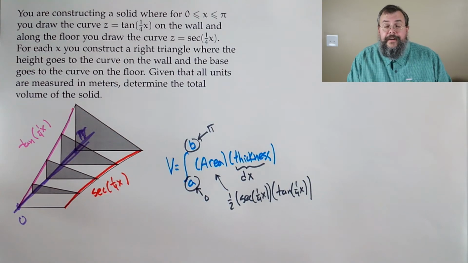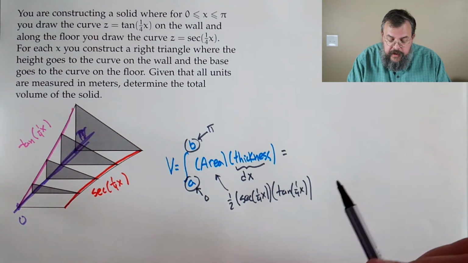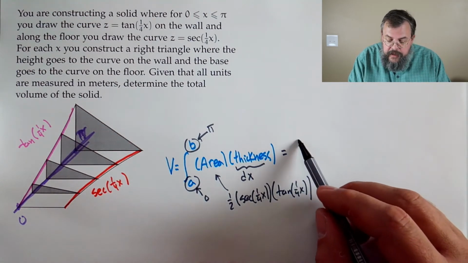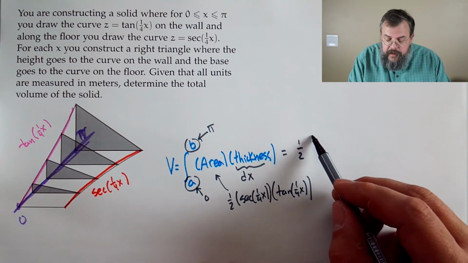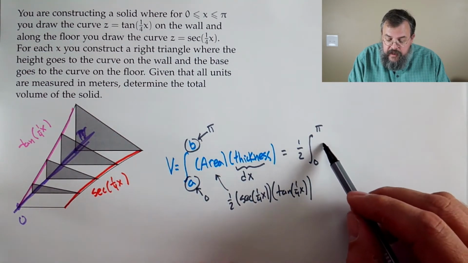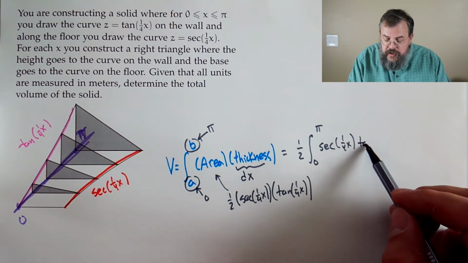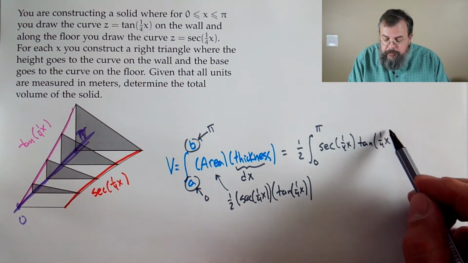It's all there. So let's rewrite it and see what we really have. The half is a constant, so we can pull that in front: 1/2 integral from 0 to pi of secant 1/4 x and tangent 1/4 x.